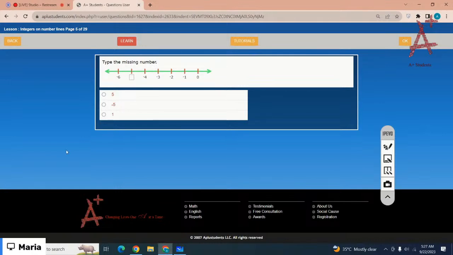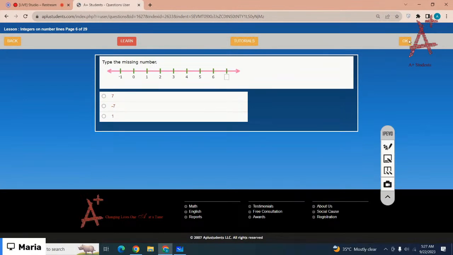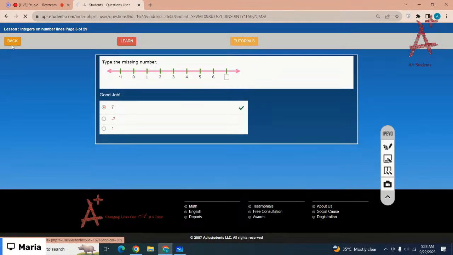The correct option is negative 5. Type the missing number. The correct option is, yes, it is 7. Okay, you can complete the lesson by yourself later today. Let's just start with the next lesson.